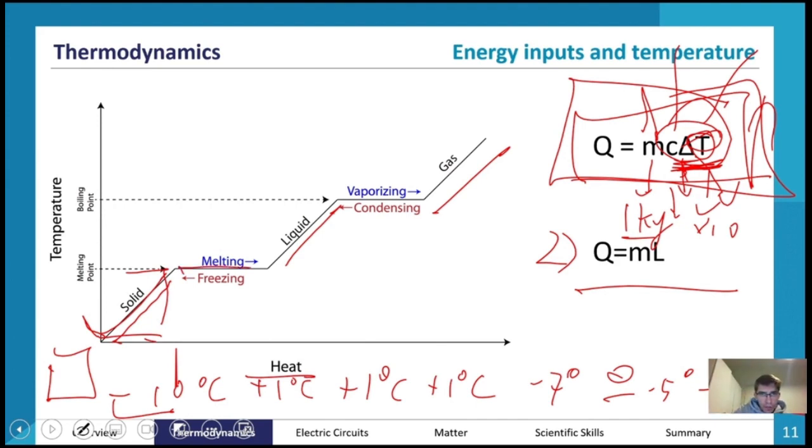How about this part here? Well, during the melting stage, the temperature of the ice cube will not change, even though it's gaining more heat energy. Why is that?